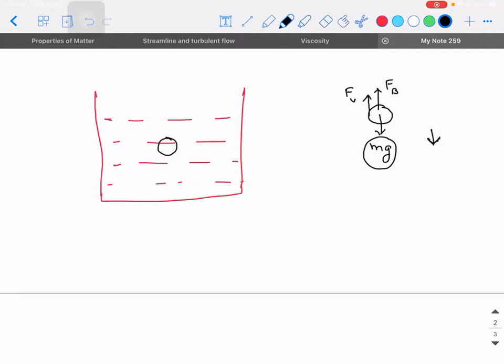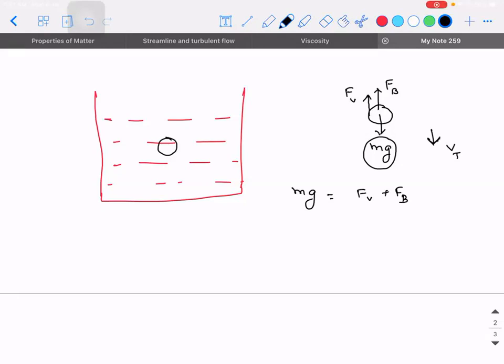Dynamic equilibrium in the sense, the net force acting on the object is going to be zero, but the velocity is not zero, meaning the object still continues to move. At that point, it starts attaining a velocity called terminal velocity. So under dynamic equilibrium condition, can I write mg is equal to Fv plus Fb? Accepted.